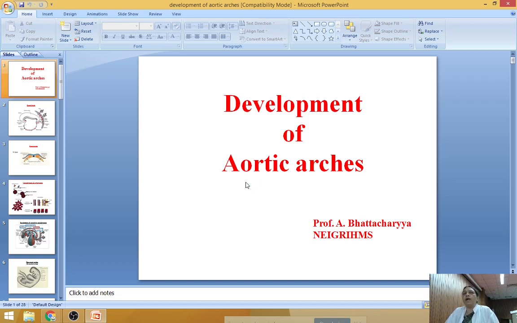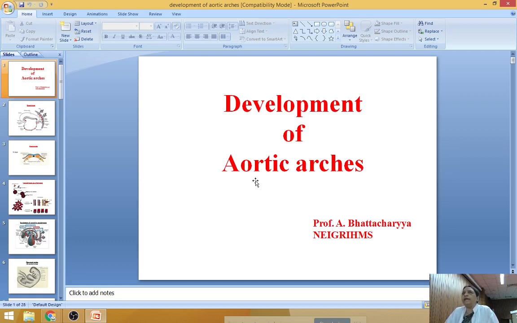And the dorsal aorta is formed on the dorsal aspect of the body, and there are two dorsal aortae initially, in the cervical and cephalic region. Ultimately, at the level of T4, these two dorsal aortae join together and form a single dorsal aorta.